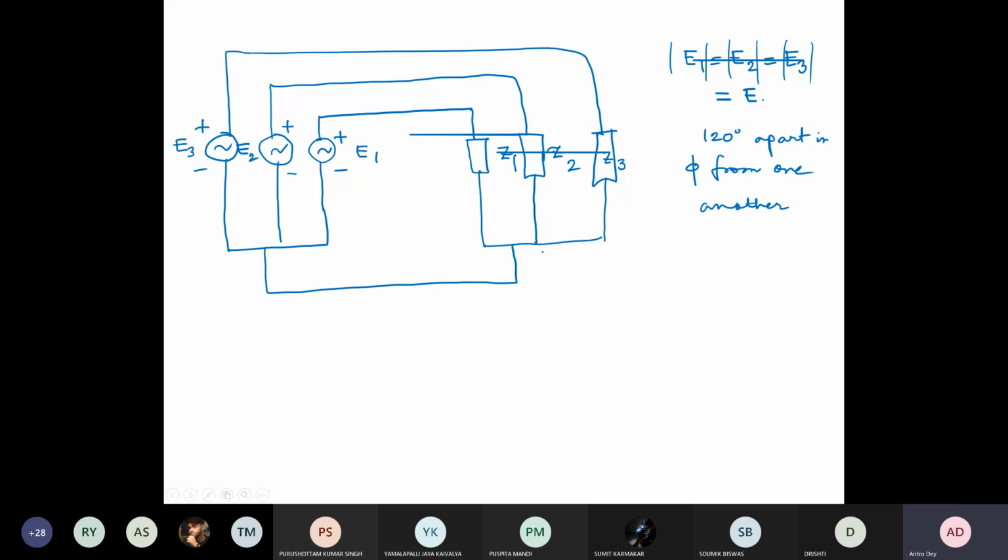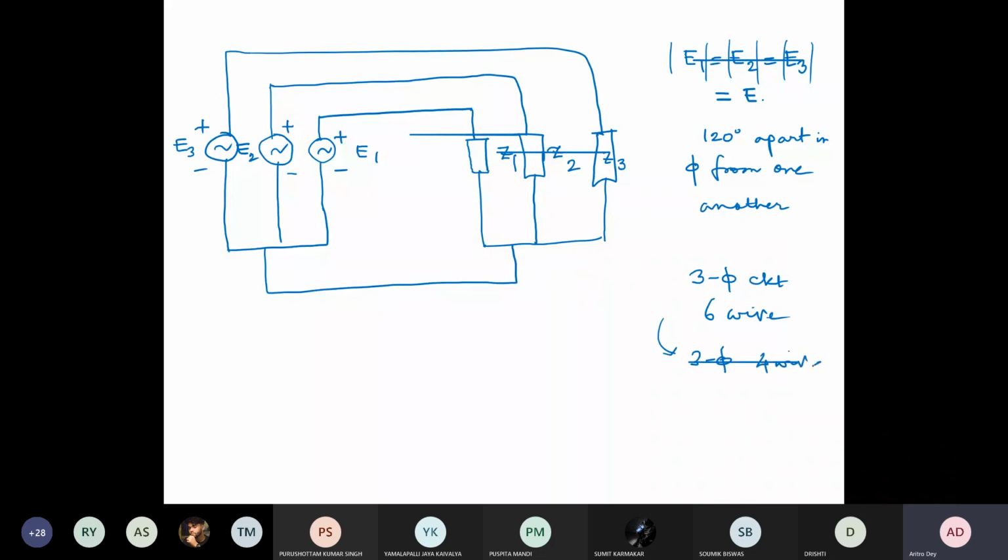Earlier there were a total of six conductors, six starting from each source, one going and another for returning. But now if we just connect them on one side and join them with another wire, it will change to a three phase four wire system.